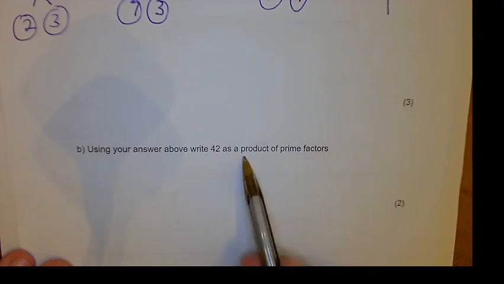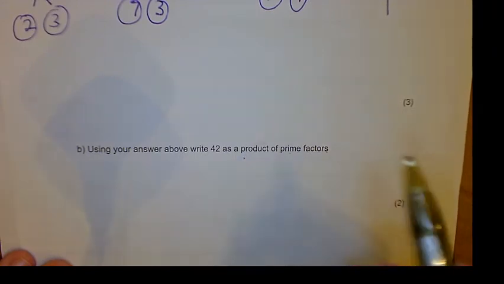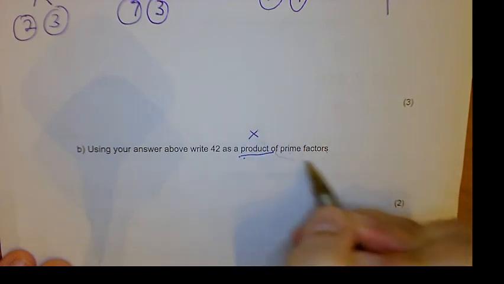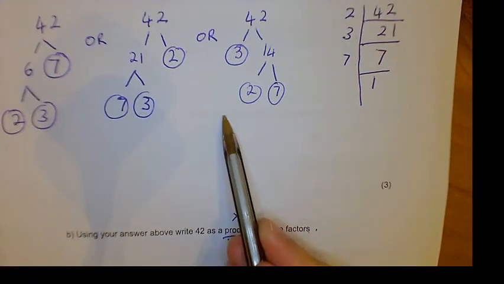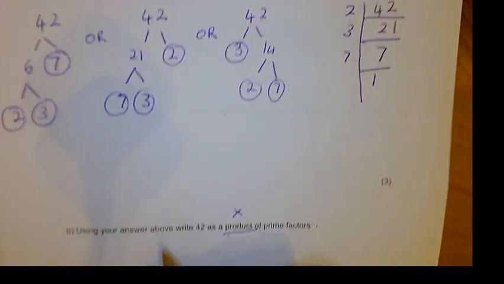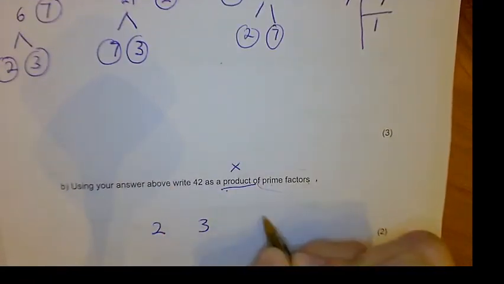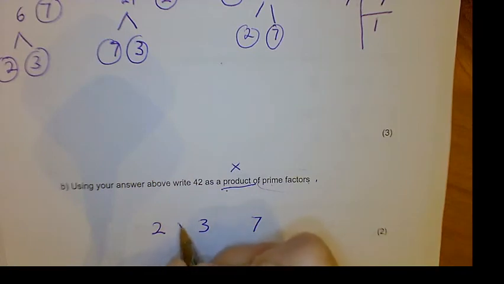Now, how do we use those numbers to write a product of prime factors? Product means times. Prime factors is what we've just done up here. What are our three numbers? They are 2, 3, and 7. And I need to put times between them.